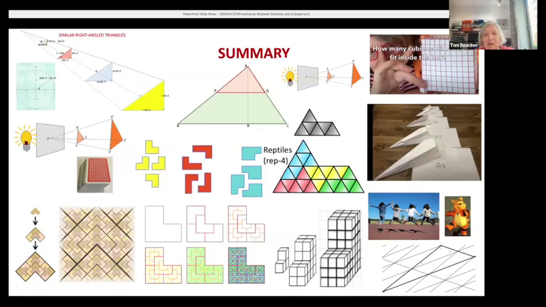A fractal is a shape that you can reproduce inside itself. It's got multiple copies, in fact, infinitely many copies of itself inside itself. And we've called them reptiles here, but these are examples of fractals. Not all fractals are like this, but these are examples.